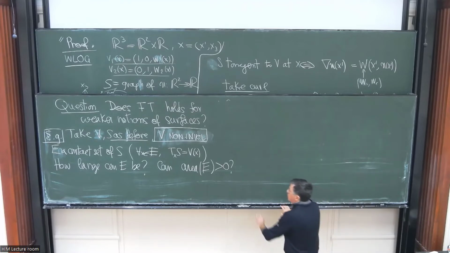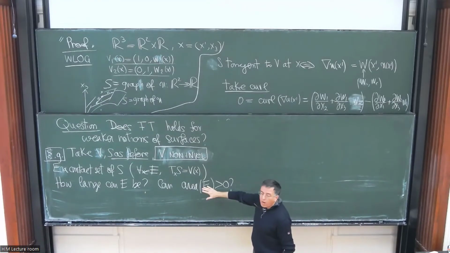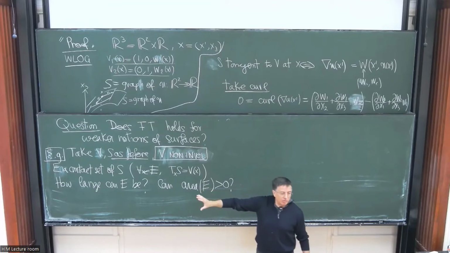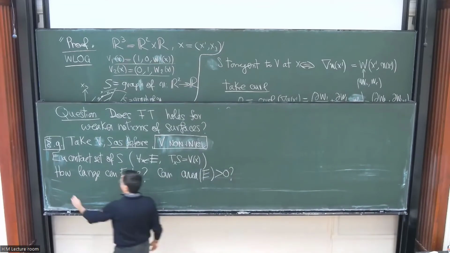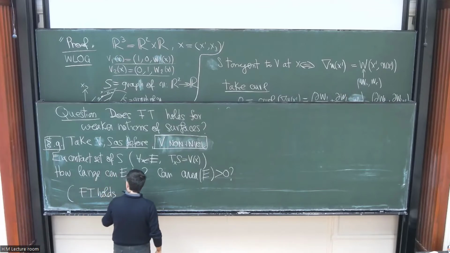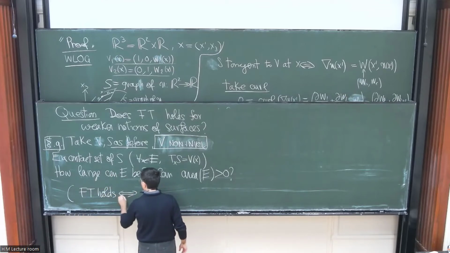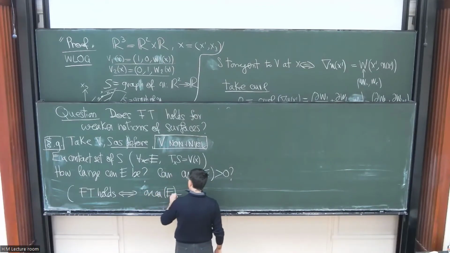So here are some results. Okay, let me say that from now on, when I say Frobenius theorem holds, I mean this is not possible. Okay, so I write this. This simply means that this area is 0.